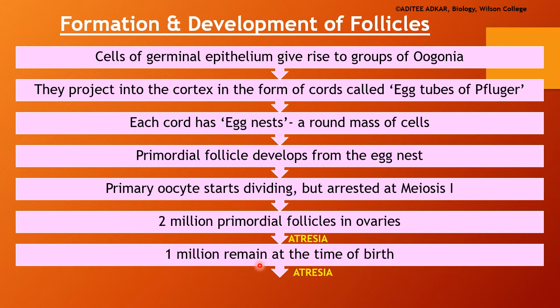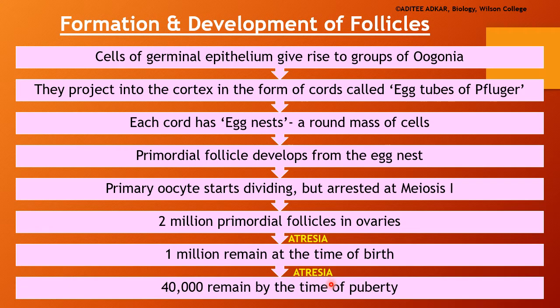Later, many of these follicles also undergo atresia, and by the time the girl attains puberty, only 40,000 primordial follicles will remain. After attaining puberty, the later stages of follicles will develop as the process of meiosis is now resumed.